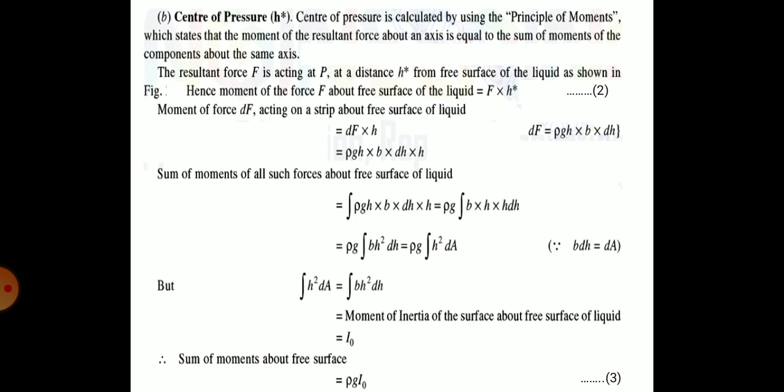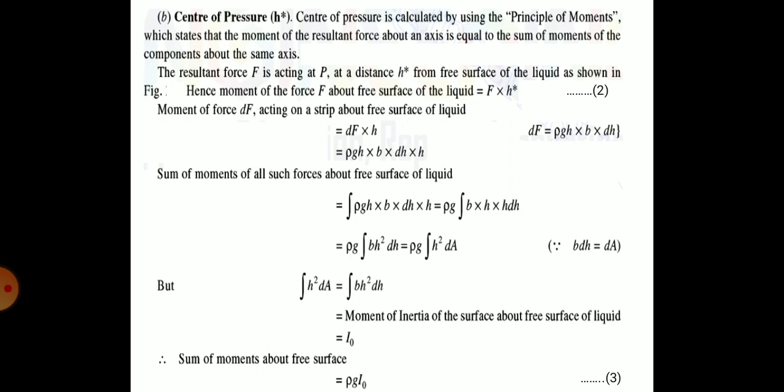Then the sum of moments of all such forces about the free surface of the liquid is equal to the integration of rho g h into b dh into h, which is equal to rho g integration of b h into h dh, which is equal to rho g integration of b h square dh, which is equal to rho g integration of h square dA, as b dh is equal to dA. But the integration of h square dA is equal to the moment of inertia of the surface about the free surface of the liquid.